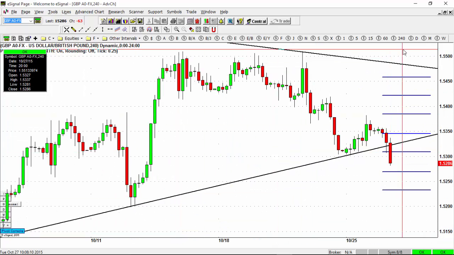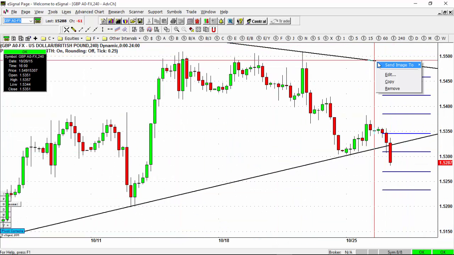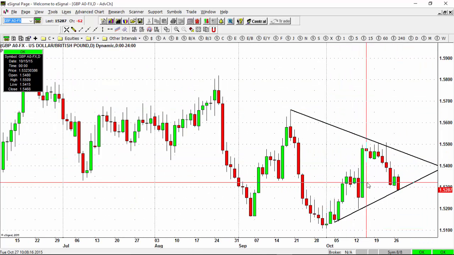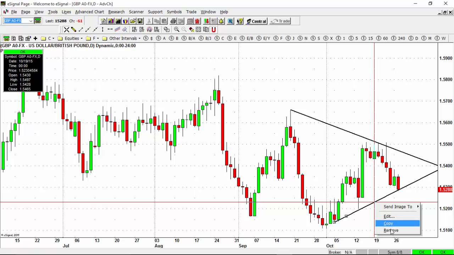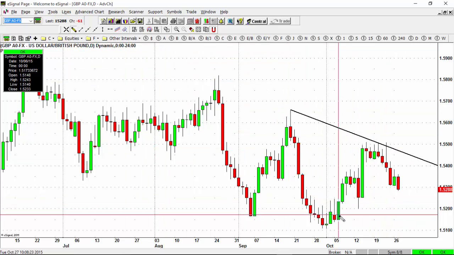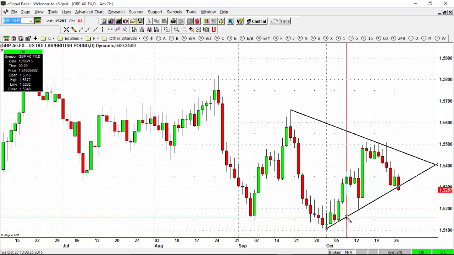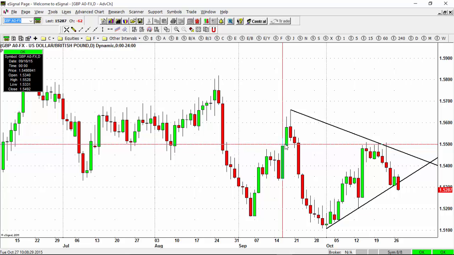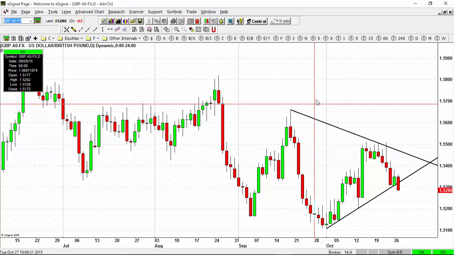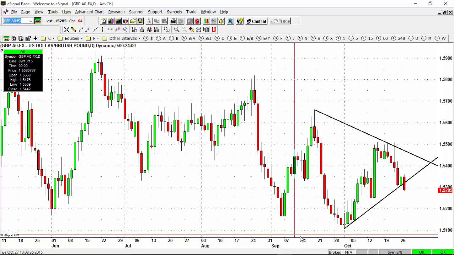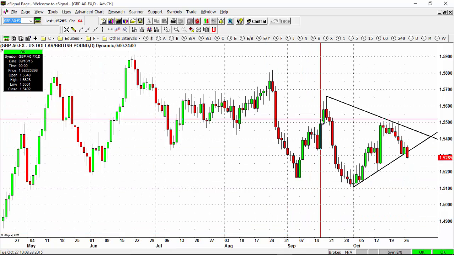And this could definitely spell further losses for the British pound versus the USD. On the daily chart, sometimes my charts are a bit off in terms of the lines, but the triangle looks more like this. So that is definitely being broken, and the next area of support on the British pound is 150, 151.